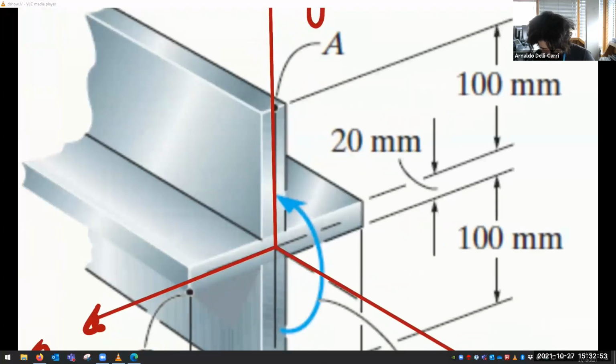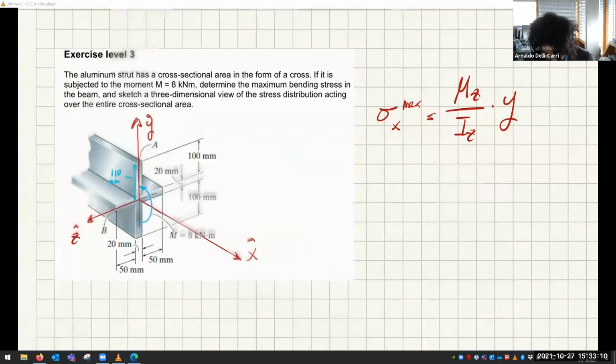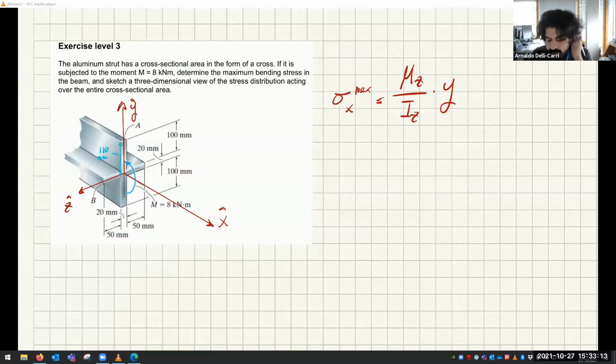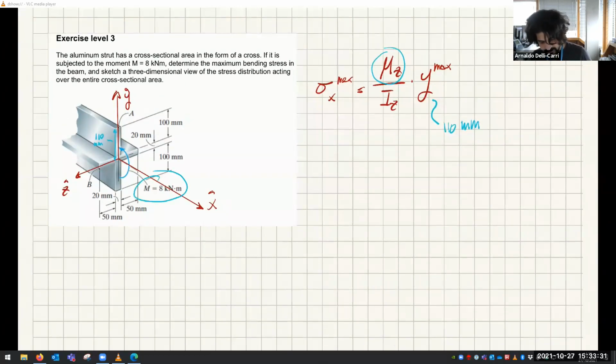So this distance here, the largest distance, y max, is 110 millimeters. So we know that y max is also given. So what's left? Mz is given here, 8 kilonewton meters. So we must find Iz.